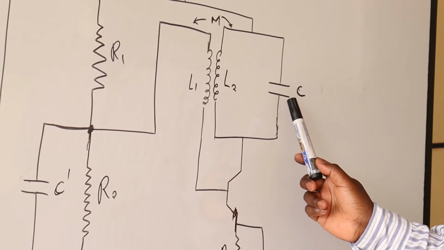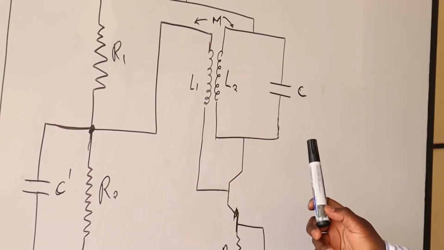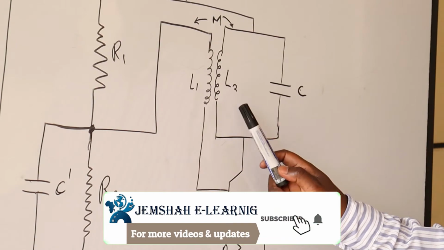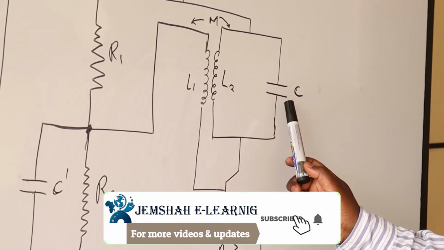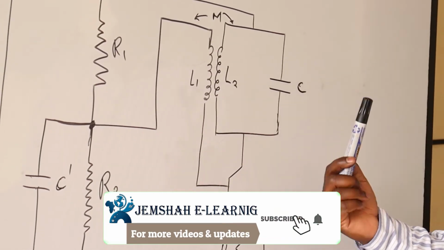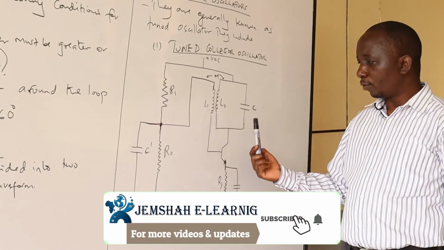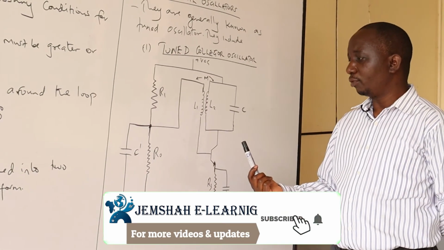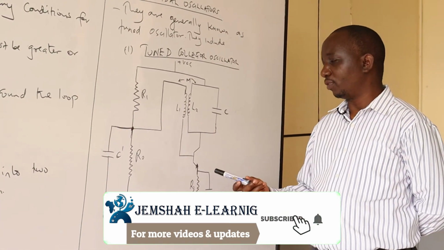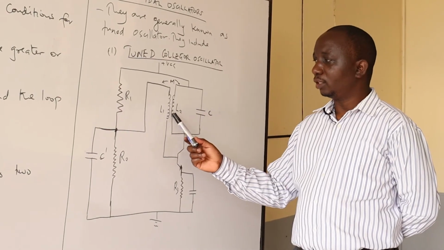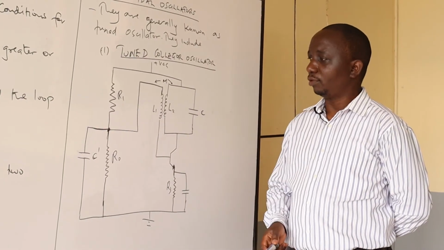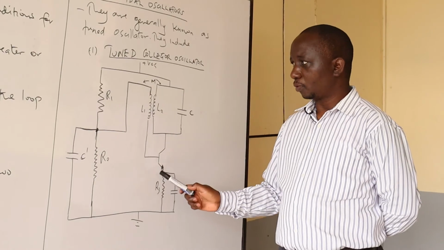So at the end of the process, we shall be having an oscillation between the L2 and C1. When this oscillation starts, for us to get the 180 degree phase shift that remains other than the one provided by the transistor, we have to link these two through the mutual inductive effect. And that's what we need to know concerning this.